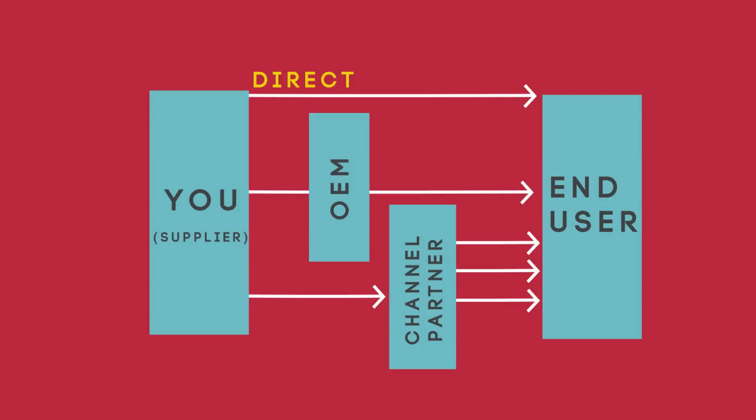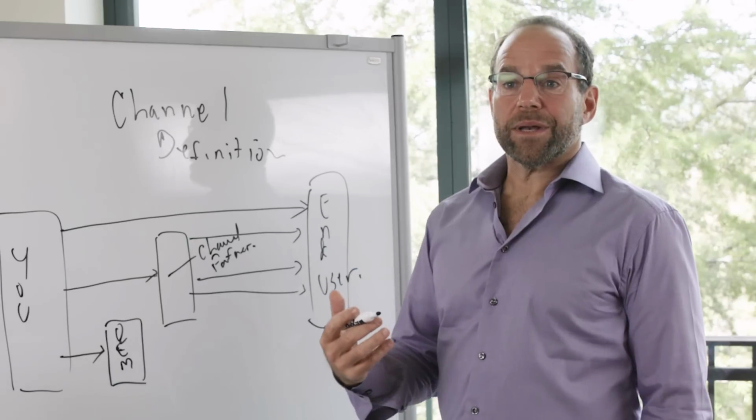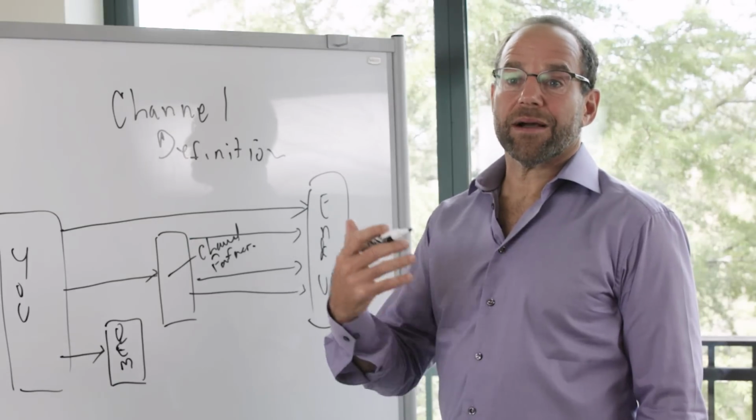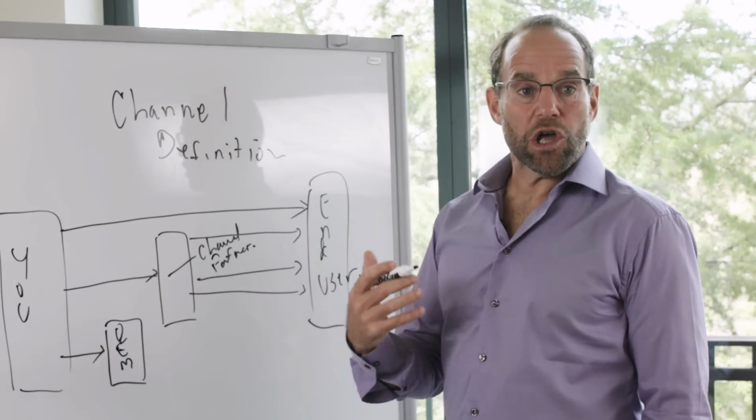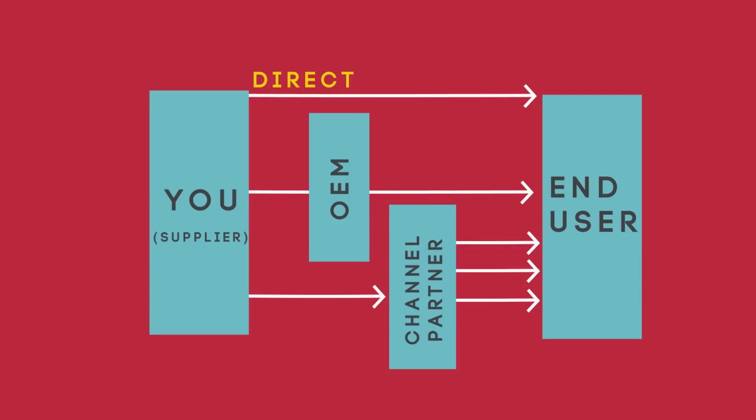An OEM stands for Original Equipment Manufacturer, and an OEM is a large company. It might be a company like Amazon, it might be a company like Hewlett-Packard. It's a large manufacturing entity that might also have relationships with channel partners and might also sell direct to end users. So they have multiple levels of relationships.